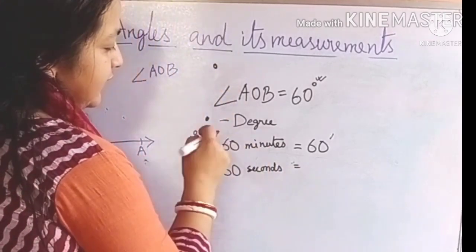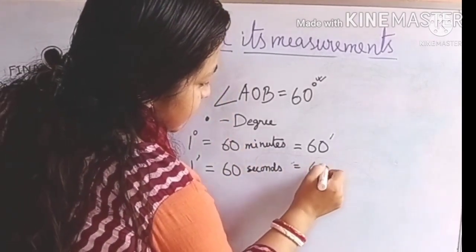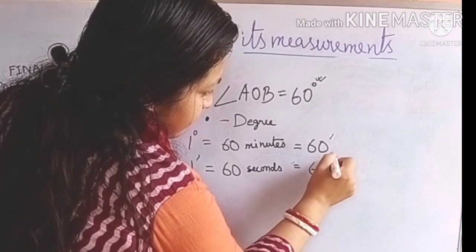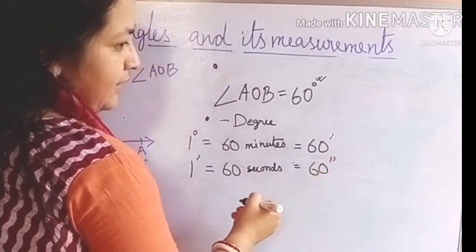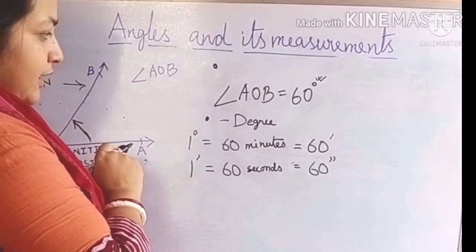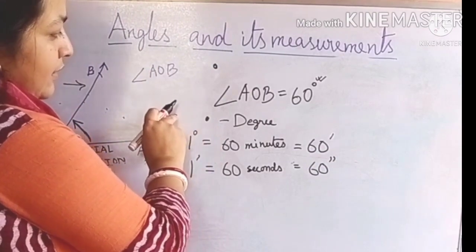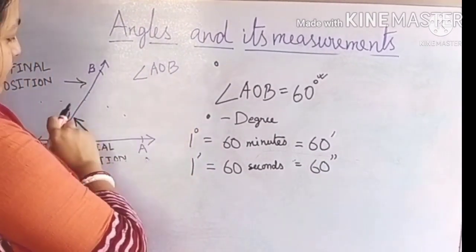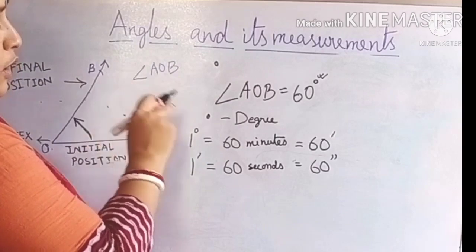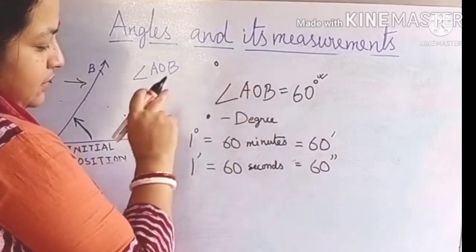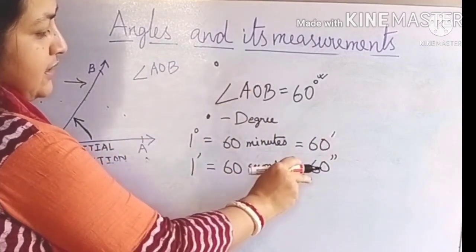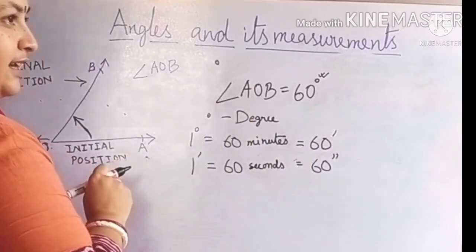How are seconds represented? They are represented by a double line at the right hand top side. So what did we learn? The unit by which we measure the angle is called degree. 1 degree is equal to 60 minutes and 1 minute is equal to 60 seconds.